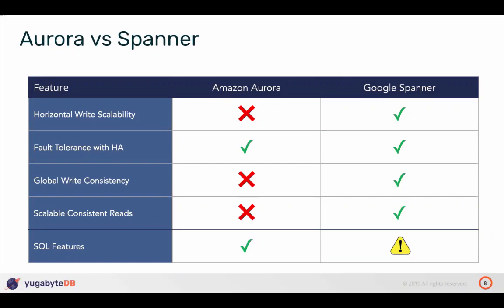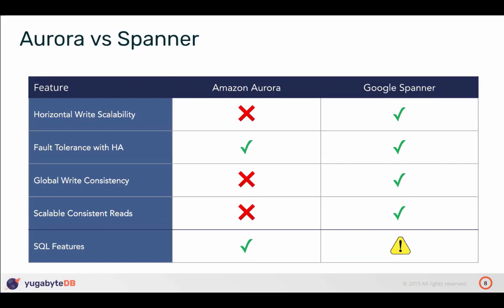If you're trying to scale your reads by adding more nodes, but you want each of your reads to be consistent, once again, Amazon Aurora cannot handle that because there is a single node that is the source of truth and everybody else is a slave that can serve stale data. Whereas Google Spanner shards your table into smaller subsets of data and spreads them across the different nodes, so it can handle that.